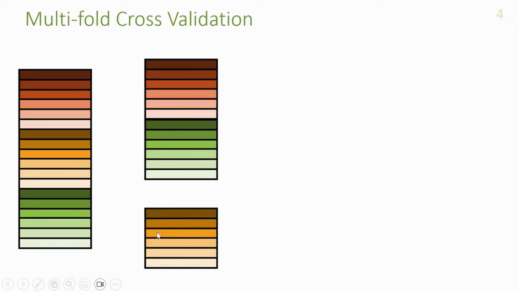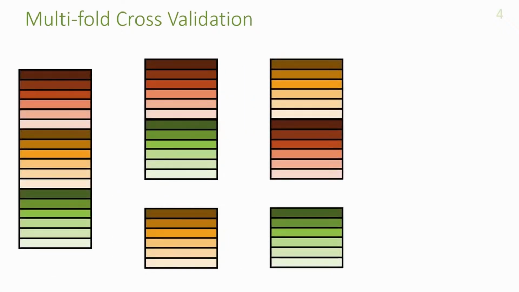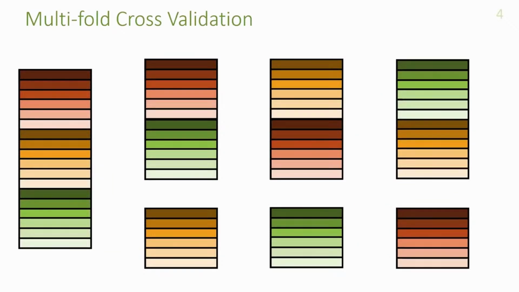Now again, the second time, you are dividing the training data set into two parts, a training part and a validation part. But now this validation part is different from the previous validation part, and this training data is different from the previous one, because you are making different divisions, right? The same model is being trained k times from scratch.